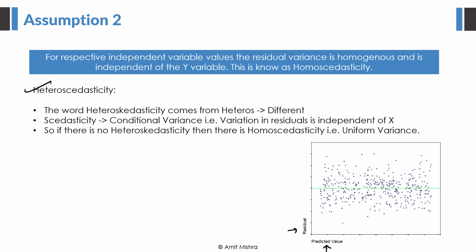What do you mean by homoscedasticity? Homo means similar value, and we are basically talking about the variance, homogeneous variance.